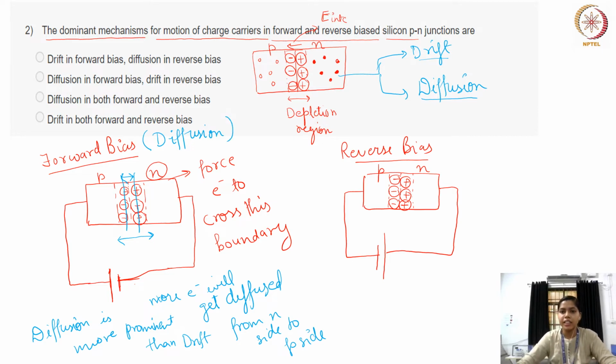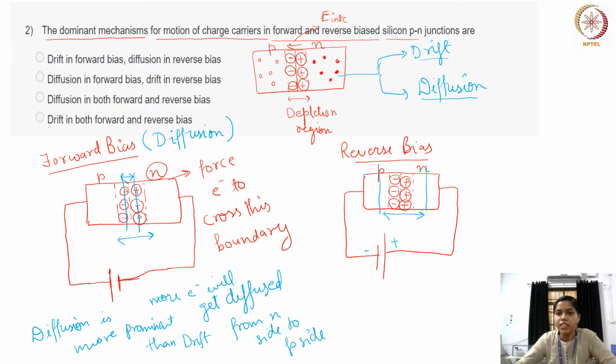Now let's see what is the case in the reverse bias condition. Whenever we apply reverse bias, we connect the P type to the negative terminal of the battery and N type to the positive terminal of the battery, correct? In this case, the width of this depletion region will increase.